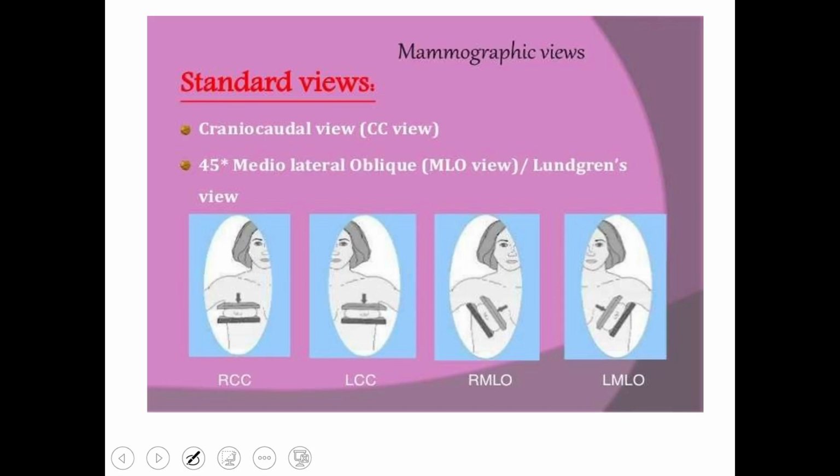So see, this is the standard view of the mammograph, how they will be taken. They have to press these: RCC, LCC, RML. These are all terminology, and I do not know more about the medical terminology. This is the view the doctor wants to take, for example the upper side view at a 45-degree angle or some other angles. They take images from different angles.